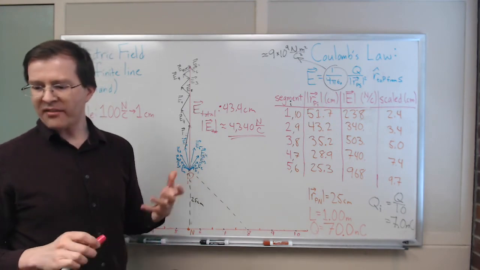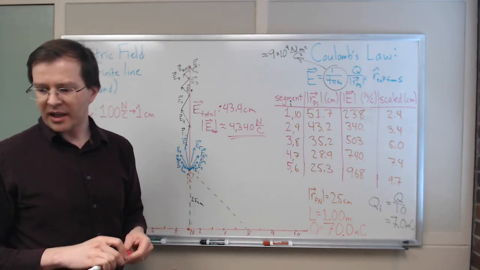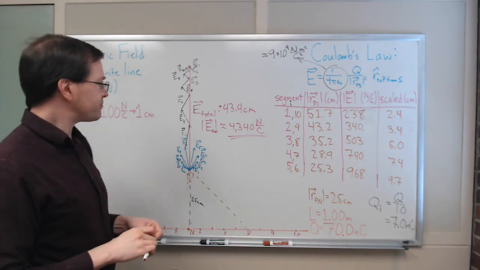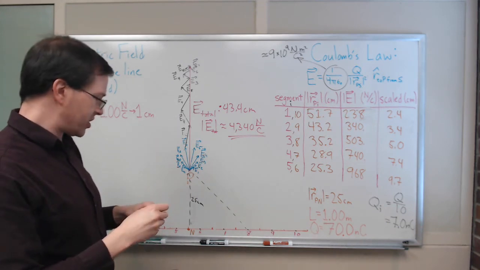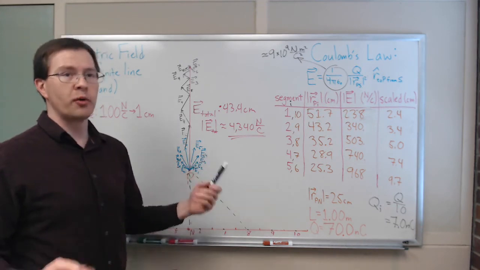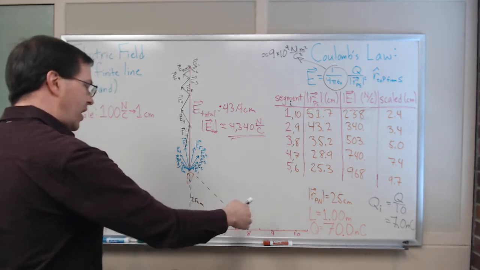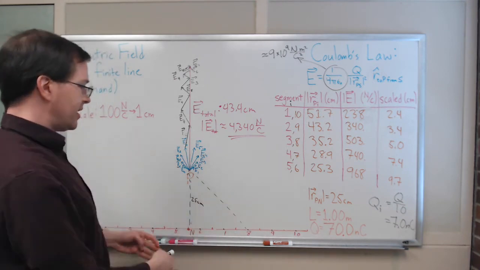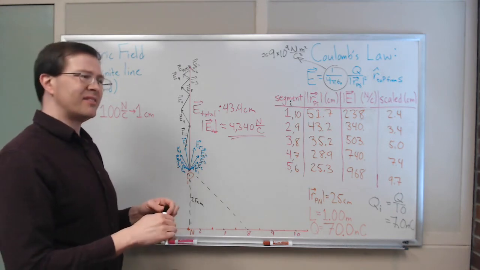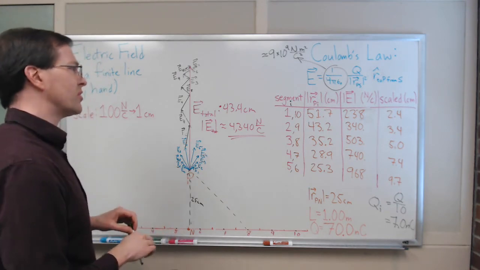Now, I have actually done this calculation in a couple of different ways. If I do this calculation using an explicit formula for a finite line of charge with this length and this charge on it, what's it look like?